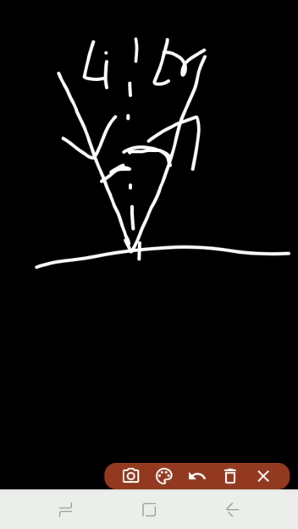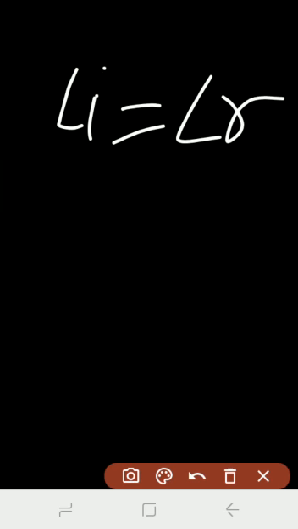So what does the second law state? The second law is angle I is equal to angle R. That means that angle of incidence will always be equal to angle of reflection, irrespective of the surroundings, irrespective of the surfaces. So let us take that angle.